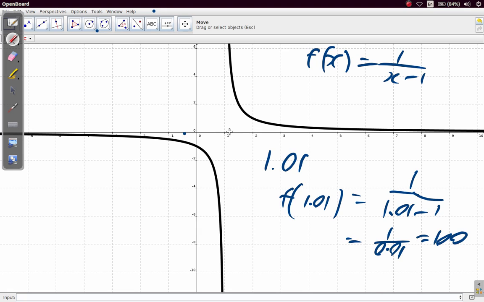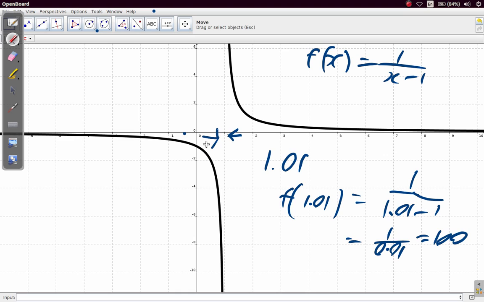So very close to 1, it shoots all the way up to 100. So you see why the curve is increasing so much. As you get closer and closer to 1, the value of f of x shoots up a lot, and as you get nearer to 1, f of x goes all the way up to infinity. That's what happens on the right, just before you reach 1.